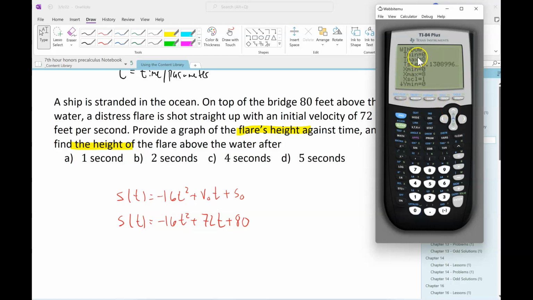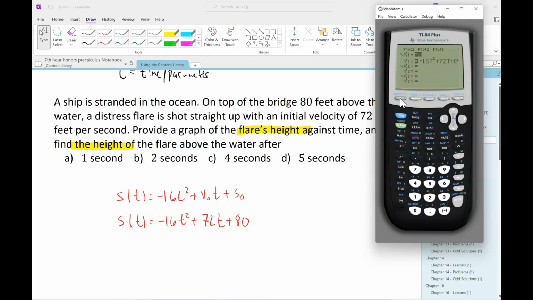Then I'll reset my window so my t goes from 0 to 8, which is the same as my x going from 0 to 8. I think all my window settings from the previous mode followed me through, so that should be good. Hit graph, same picture I had before, right? But that, again, is not describing what the flare is actually doing.